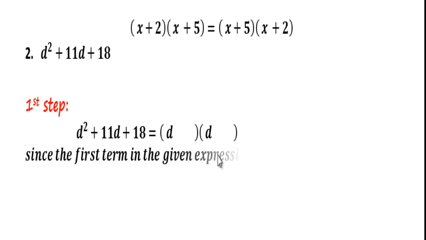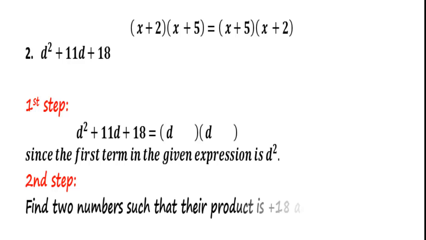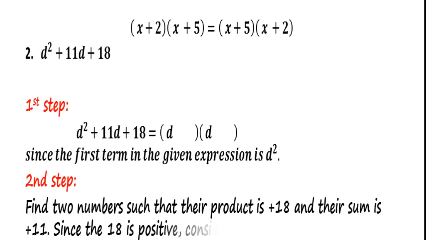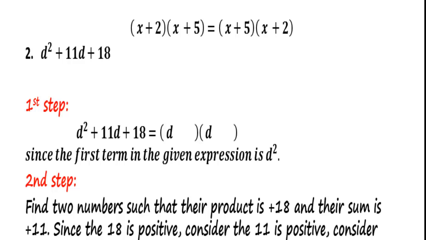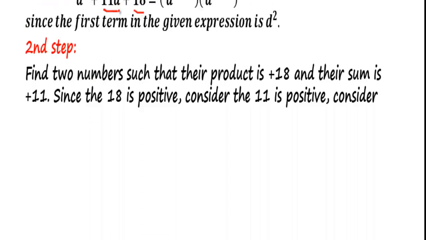Now the second step is to find two numbers such that their product is 18 and their addition is 11.